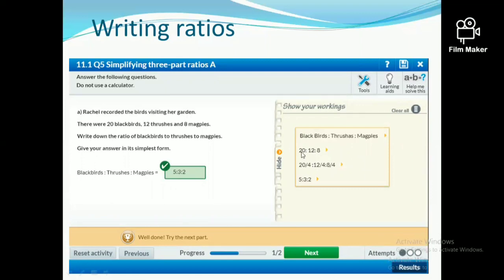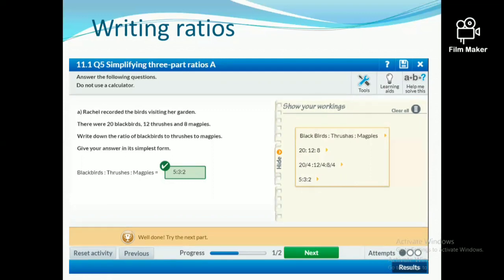What is the common divisor for 20, 12, and 8? It's obviously 4. 20 divided by 4 is 5. 12 divided by 4 is 3. And 8 divided by 4 is 2. So from there you can obtain the ratio 5 to 3 to 2.